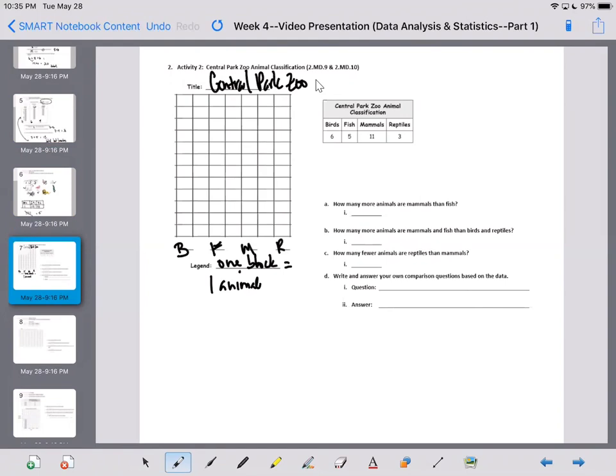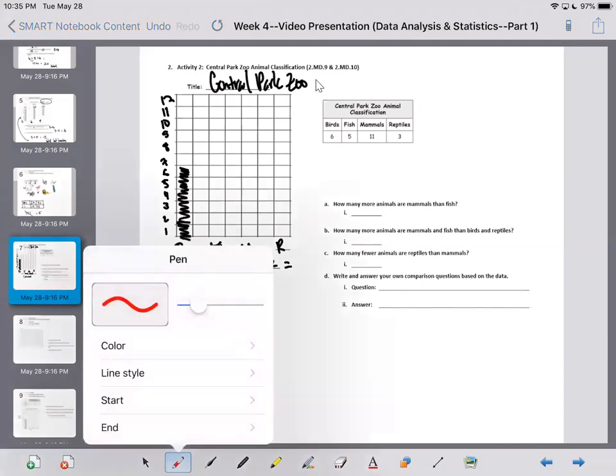So you can have students label their graph vertically. And then it's just a color in at this point. With birds, we see that there's 6. And then with fish, we see there's 5.